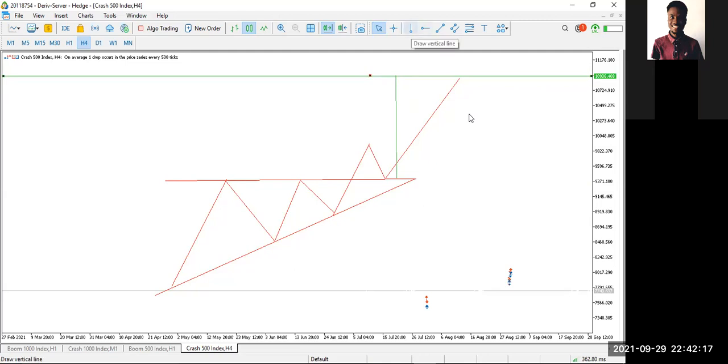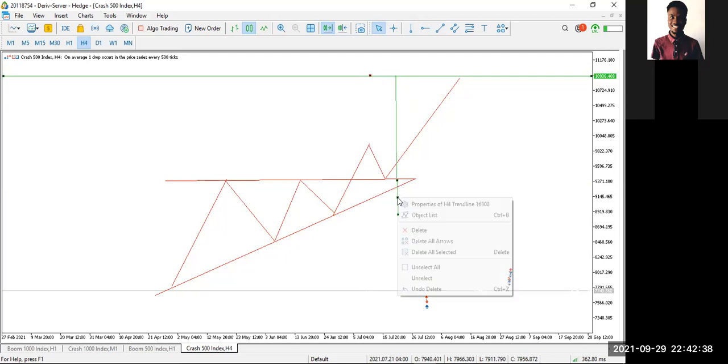Your stop loss would be the shortest leg, the shortest horizontal distance from here to this point. So now this would be your stop loss. You measure this and you bring it here. Let me change the color so we don't get confused.